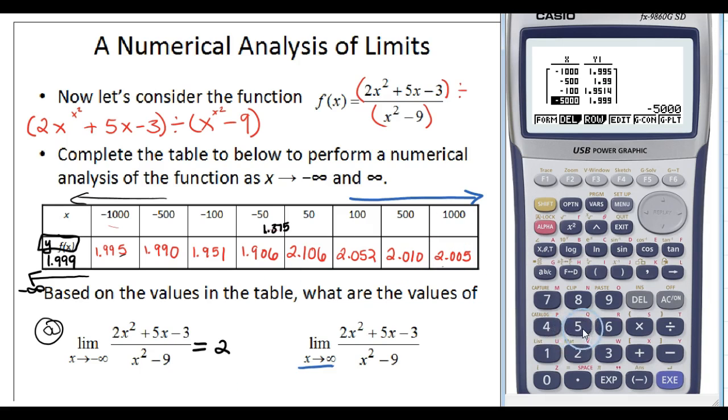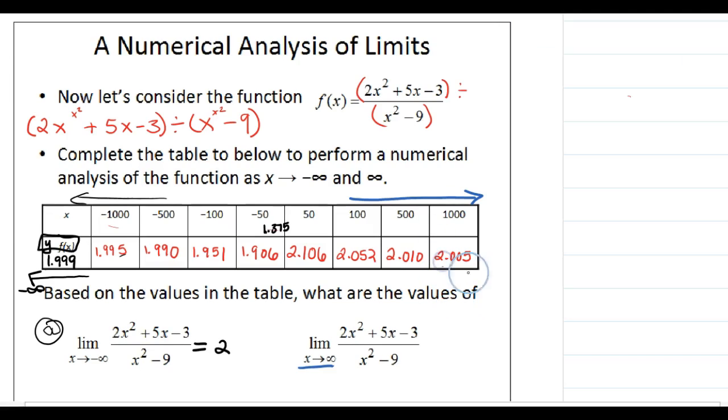I could try 5,000 and get 2. Oh, that was 500. 2.001, and I can conclude that this is growing closer and closer to the value of 2 as well, just from the other side.